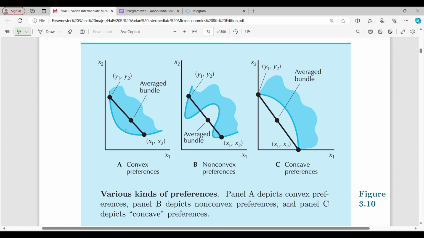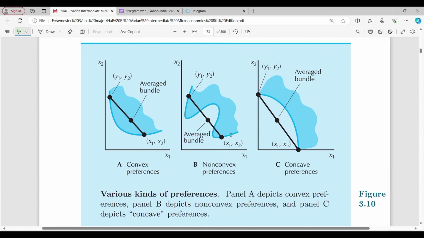In this one, this shaded part will be preferred, and the average bundle is a bad.